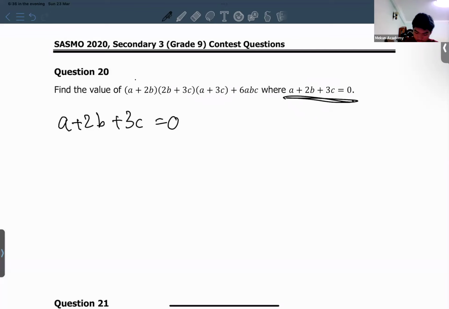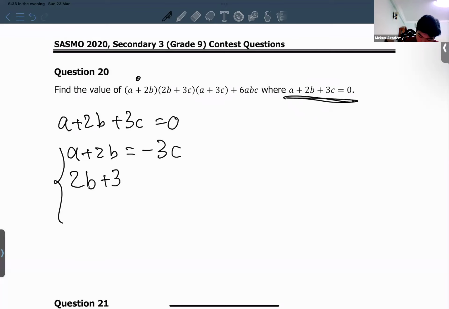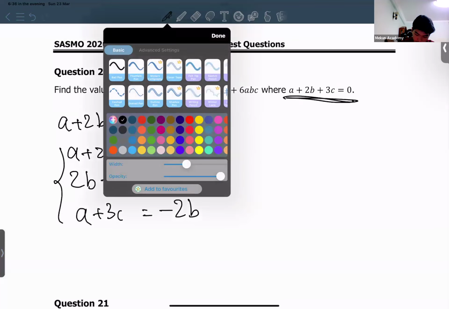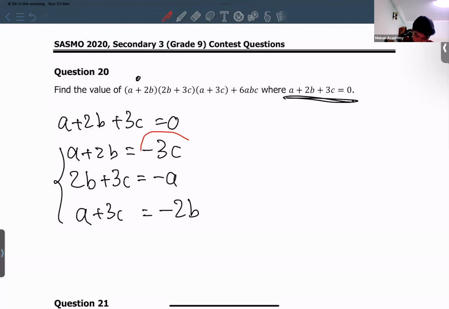First you can find a plus 2b equals negative 3c, 2b plus 3c equals negative a, and a plus 3c equals negative 2b. So from this, you can just substitute all the values into the equation.